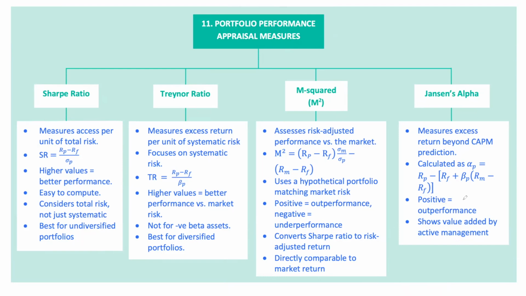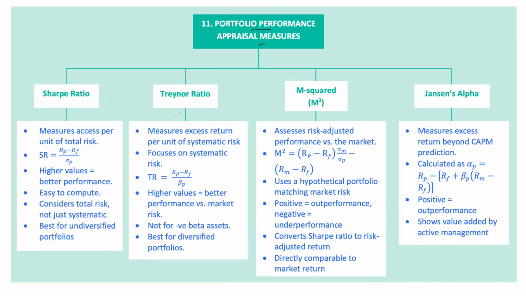If it's negative, they underperformed, didn't earn enough for the risk taken. So in plain English, Jensen's alpha shows whether active management was worth paying for. A fund with a 5% alpha crushed the market by 5% on a risk-adjusted basis. And that's what every portfolio manager dreams of showing on their performance sheet.